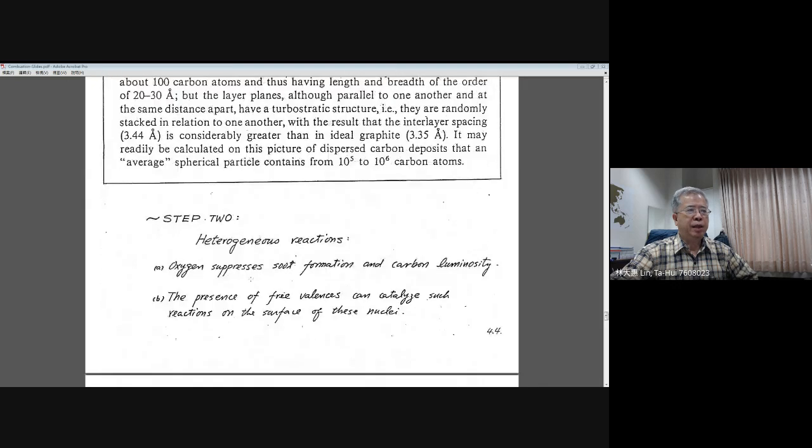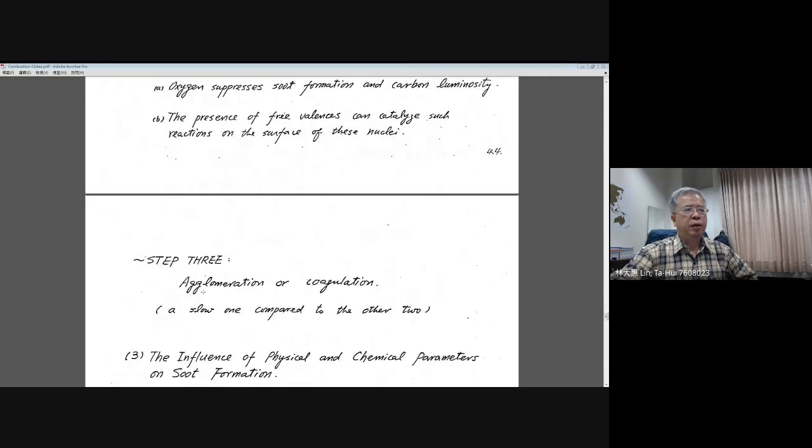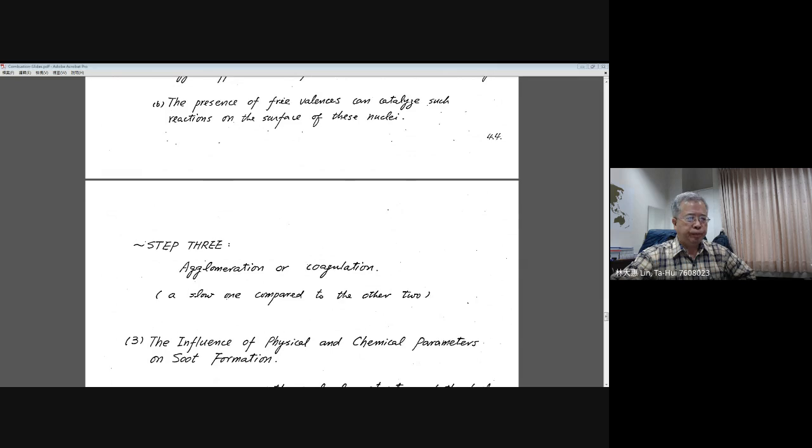And the second basically occurs on the surface reactions. Actually, they're relatively slow but still fast compared with the last one, because this is a coagulation, and the coagulation is controlled by physical structures, by the mixing, by the flow velocity, okay, which is slow compared with the other two.